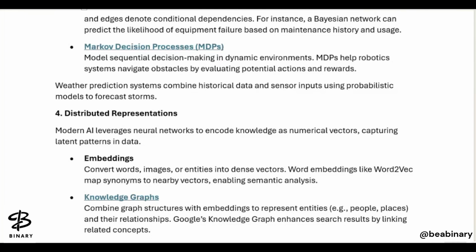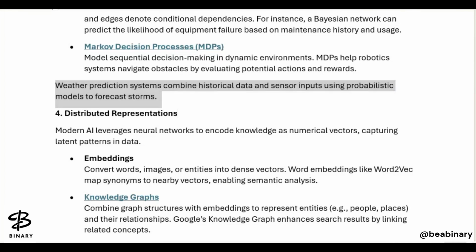So here it helps robotic systems navigate obstacles by evaluating the potential actions and the rewards. Based on probability, weather prediction systems combine historical data and sensor input using a probability model to forecast storms here. The future has been predicted here.